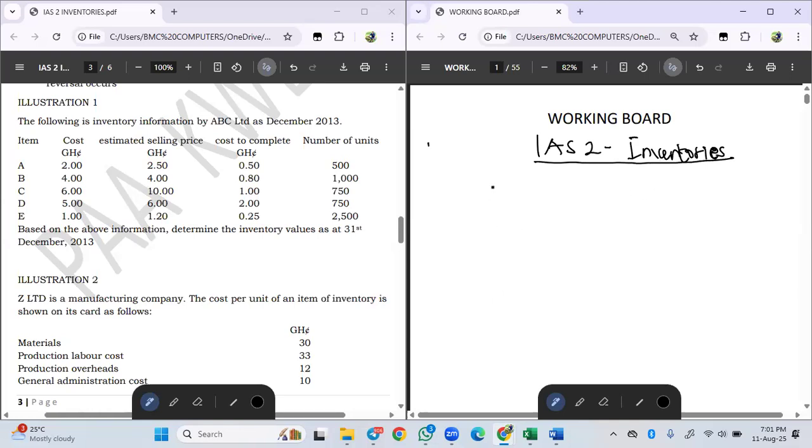Because no one is going to ask you about the disclosure and all that in corporate reporting. So the item, we have costs, we have the estimated selling price. Okay, so let me do it like this. Let me bring the NRV here, net realizable value. Let me bring the value that you are going to choose.